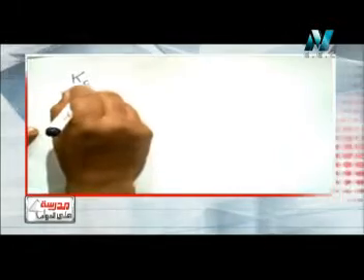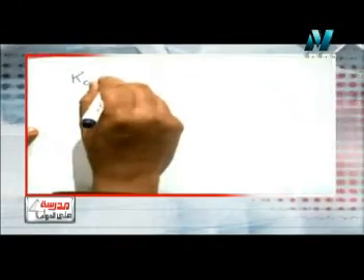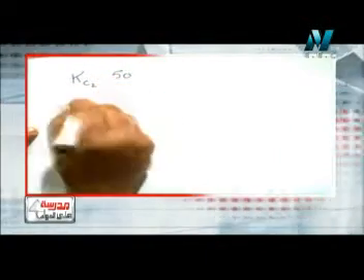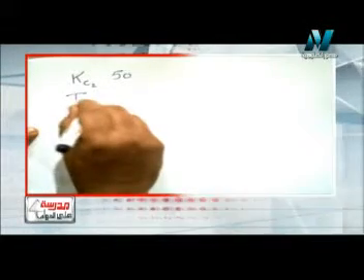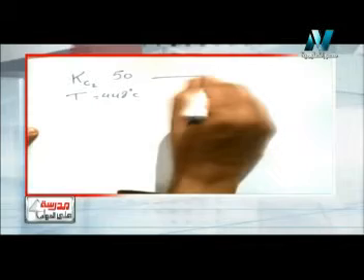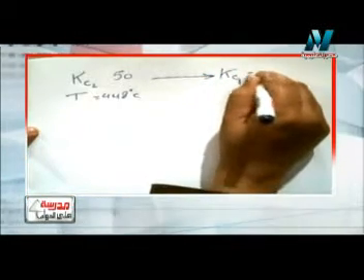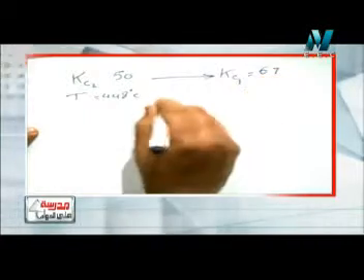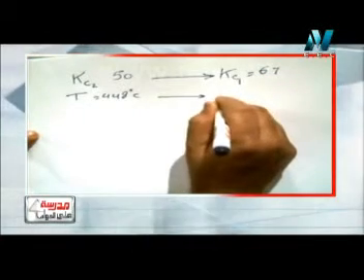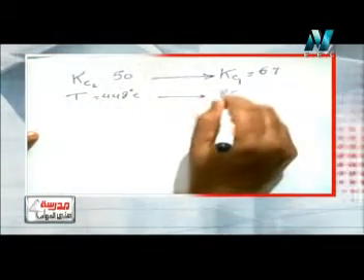Kc2 equals 50 at a temperature of 448 degrees Celsius, and it increases to Kc1 equals 67 when the temperature increases to 850.